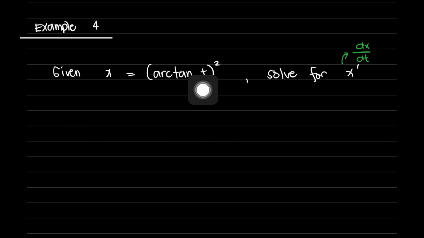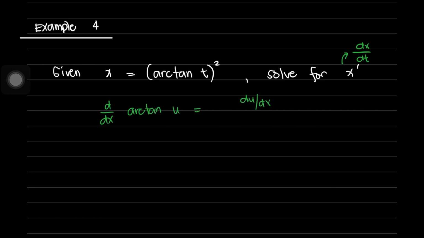So the formulas that we are going to use are the derivative with respect to x of arctangent of u, which is equal to du over dx all over 1 plus u squared. And since the whole arctangent of t is raised to 2, we're also going to use the formula for u raised to n, which is equal to n multiplied by u raised to n minus 1 du over dx.